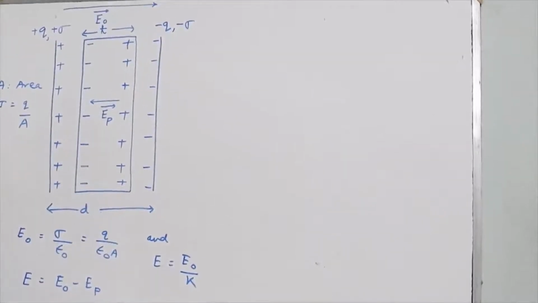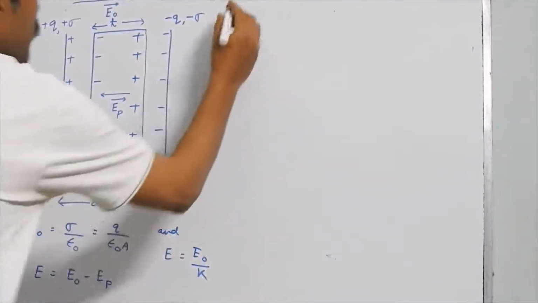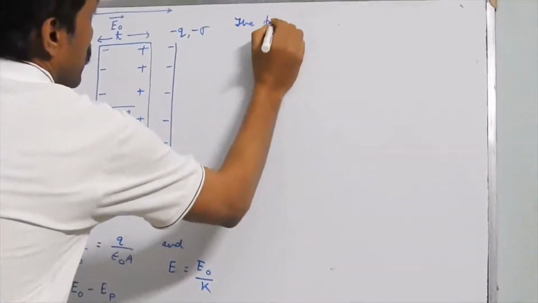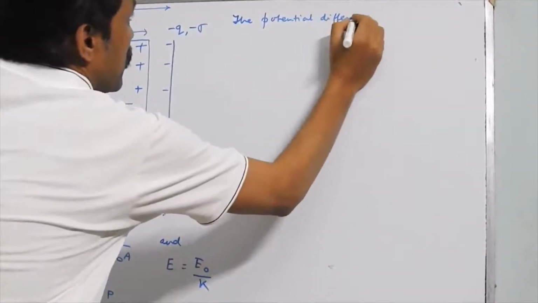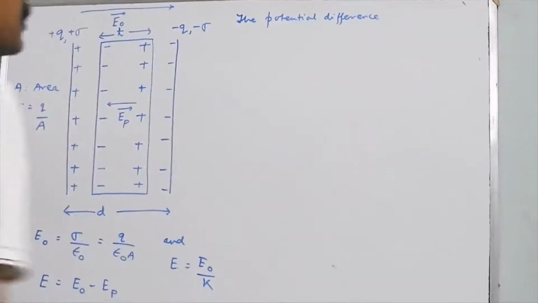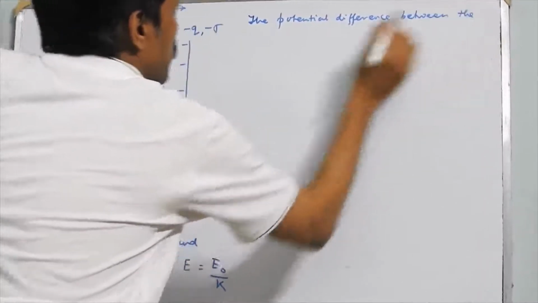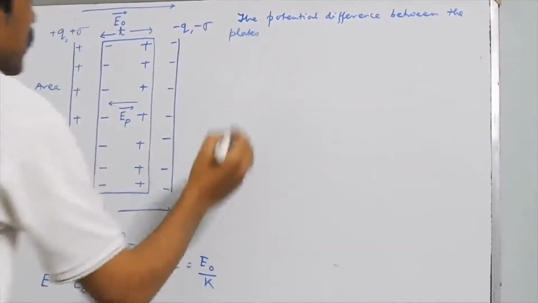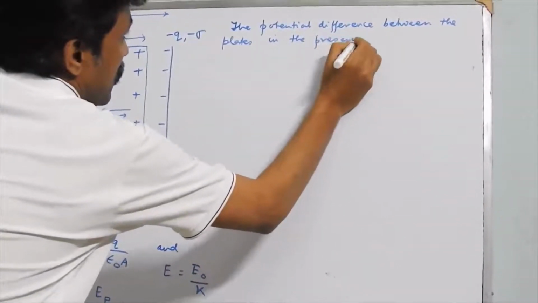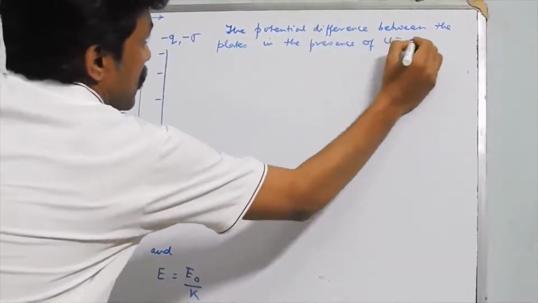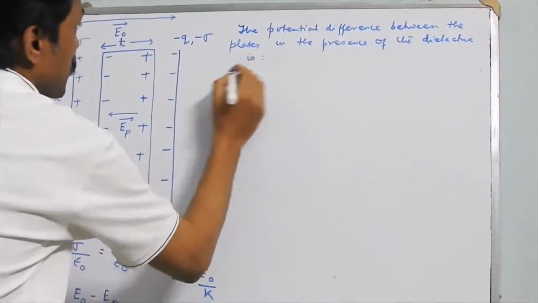Now, the potential difference between the plates in the presence of the dielectric, suppose capital V.